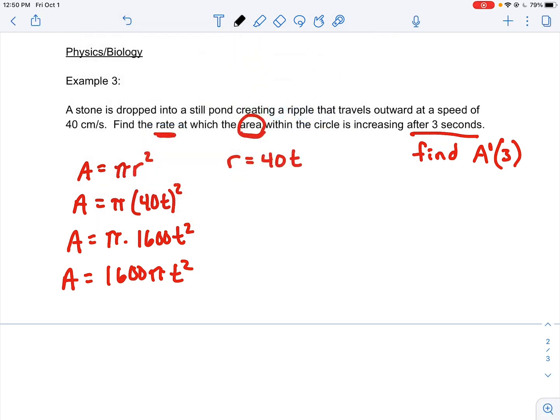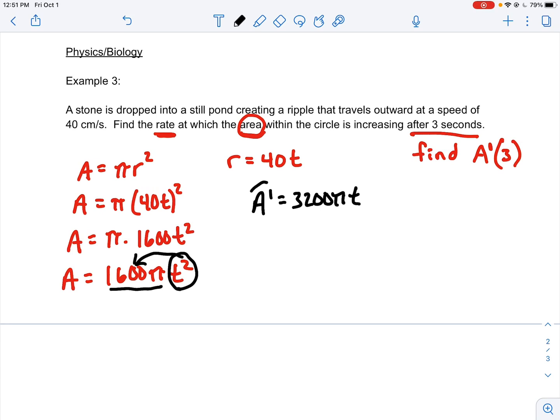Now that we've done that, let's take the derivative. If we're taking the derivative here, notice these two are constants. So just like we do with a normal derivative, when we take a derivative of t squared, we're going to take the 2 and multiply it times our constant. So that's 3200 pi times t to the first. Because remember, we subtract 1 from the exponent.